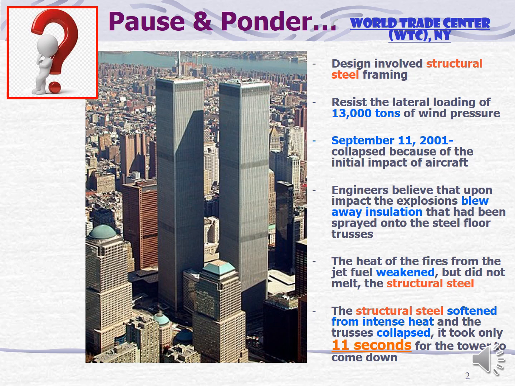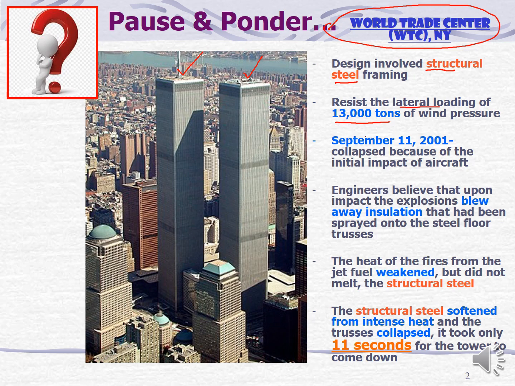This is the World Trade Center, WTC in New York. The two towers of this WTC were designed using structural steel, which can resist the lateral loading of 13,000 tons of wind pressure.